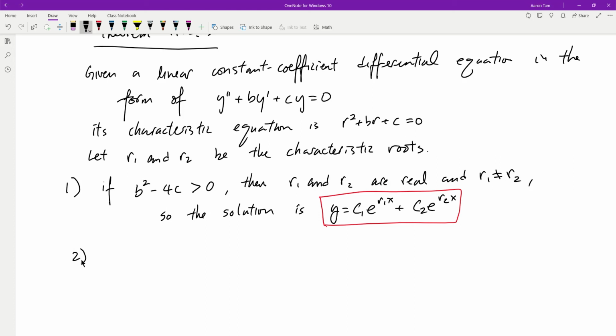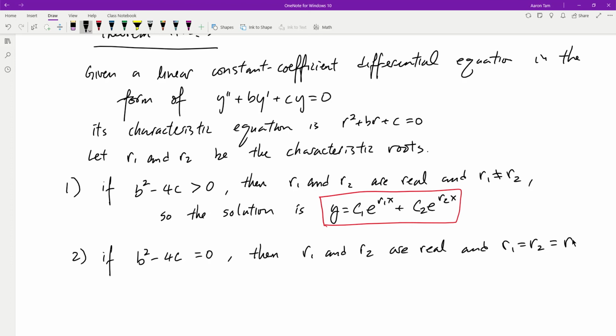Case 2: if b squared minus 4ac, but once again a is 1, so I'm just saying 4c, is equal to 0, then what we know is that R1 and R2 are still real, and they are equal to each other, which I'm going to call both R without the subscripts.